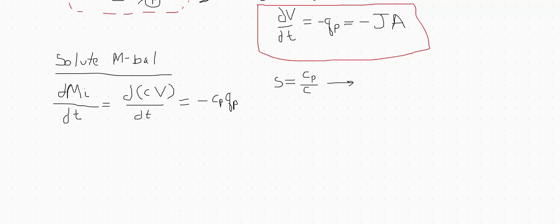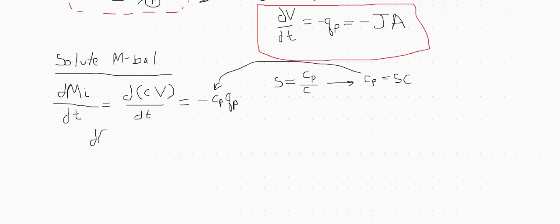We can rearrange this and write that Cp is equal to the sieving coefficient times C. And we'll plug that in here. And then similarly to the total mass balance, we can write the flow rate out of the permeate, QP, as JA. So now I can rewrite this again.